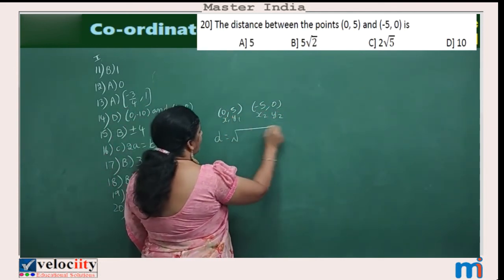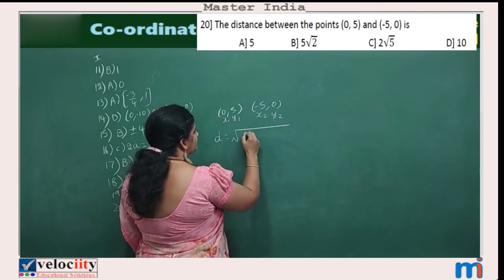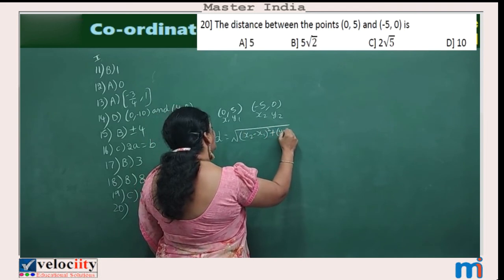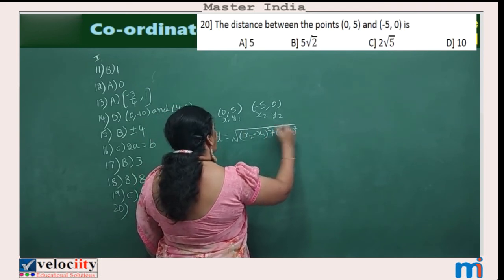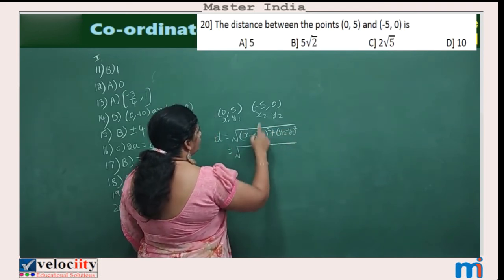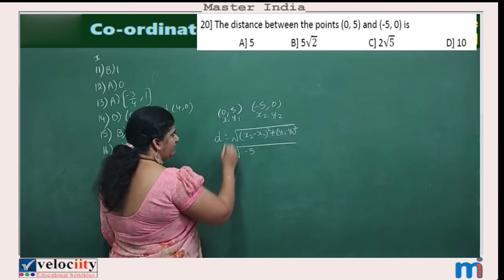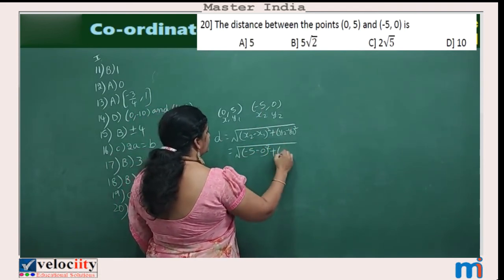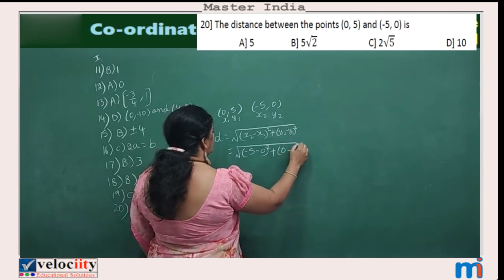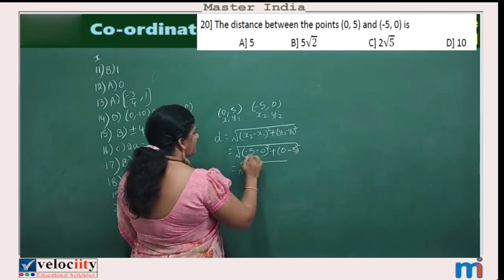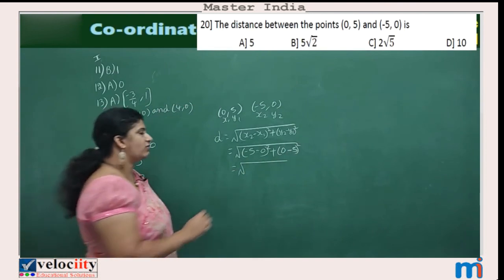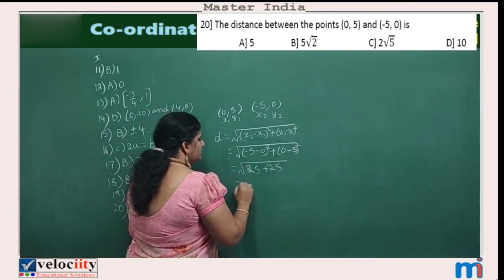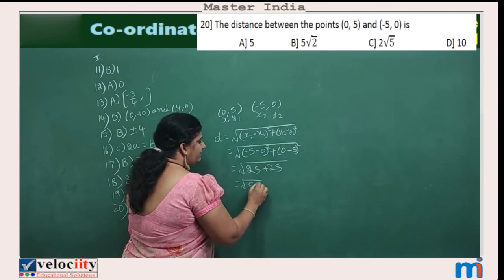Distance formula, square root of x2 minus x1 whole square plus y2 minus y1 whole square is equal to square root of x2 value is minus 5, x1 value is 0, plus y2 value is 0 minus 5 whole square. Minus 5 minus 0 will be minus 5. Minus 5 whole square is 25. In the same manner, 25. 25 plus 25 will be 50.